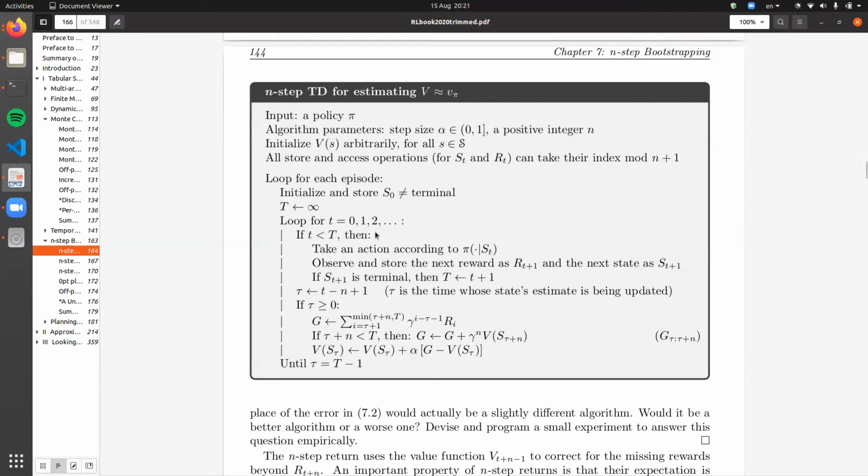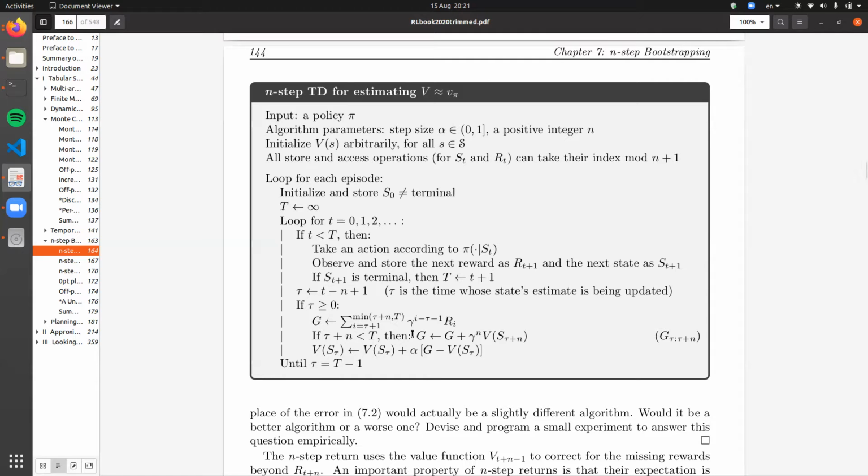So that's my understanding of the difference here. And in that case, this part will become irrelevant, because we have these TD errors stored, and we just sum those for the horizon, from tau plus 1 to tau plus n, and then we just use that for an update, right?